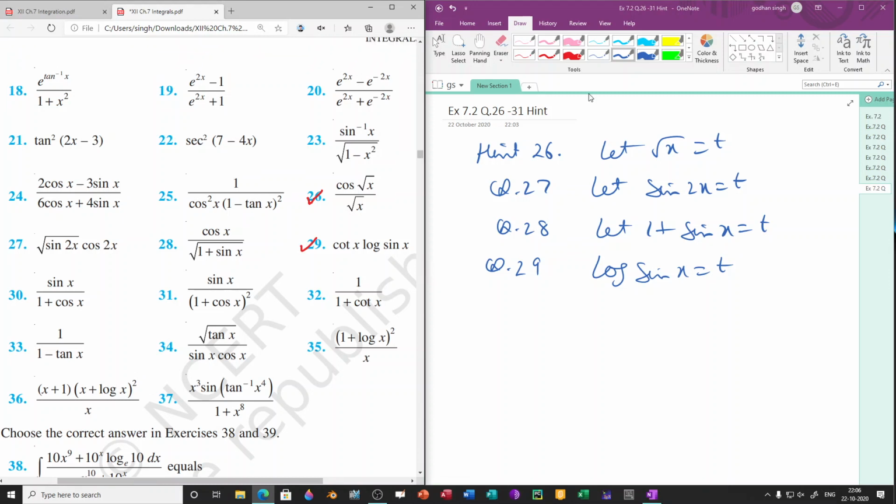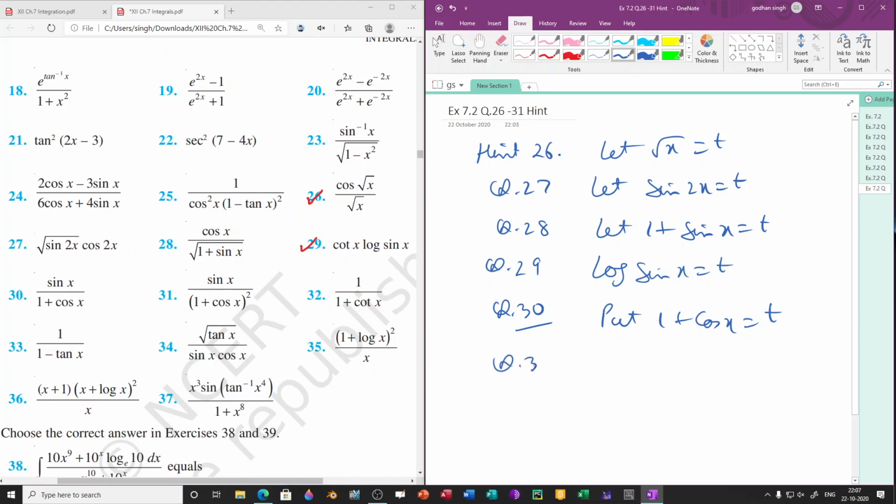Then question number 30, we have the 30th one. The hint is, again you can see that in the numerator we have sin x and in the denominator we have 1 plus cos x. So put 1 plus cos x equal to t. Similarly, question number 31.